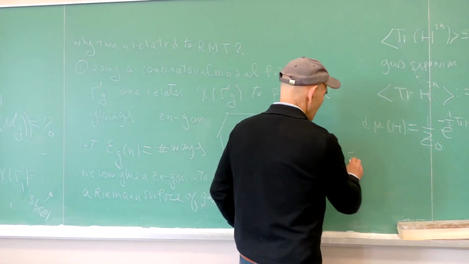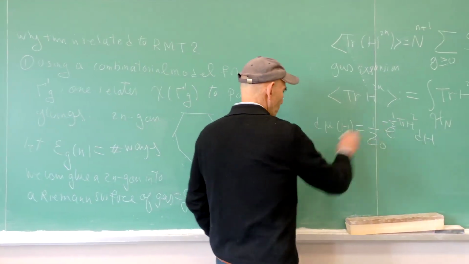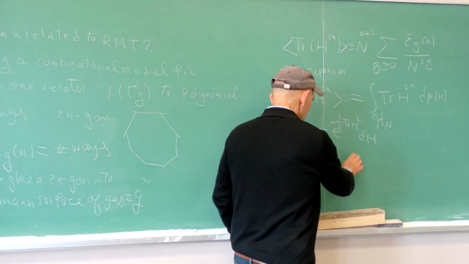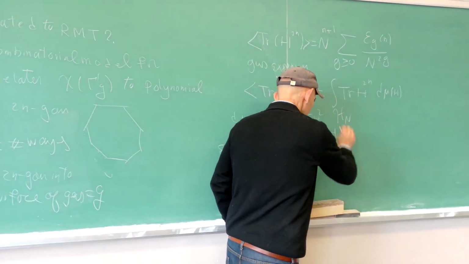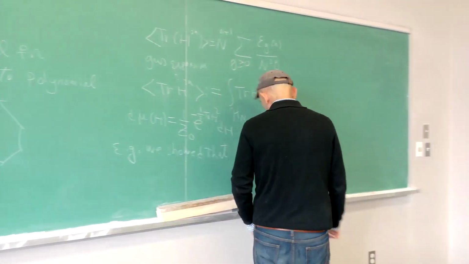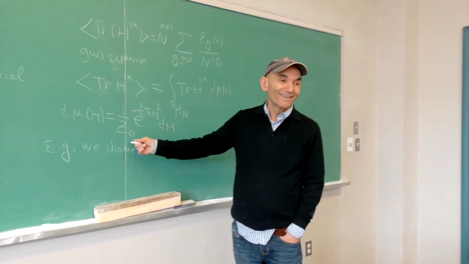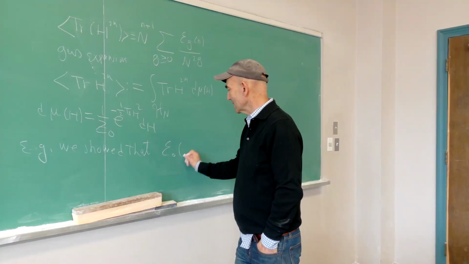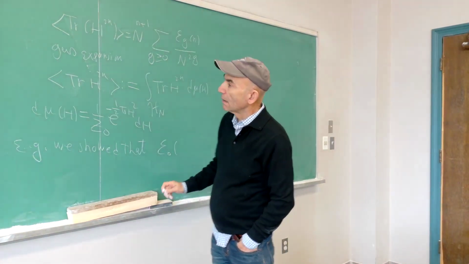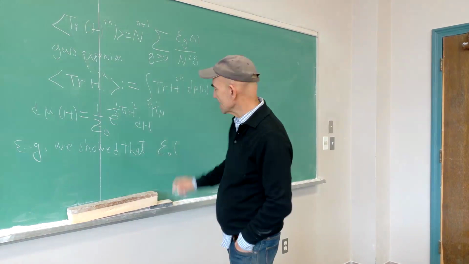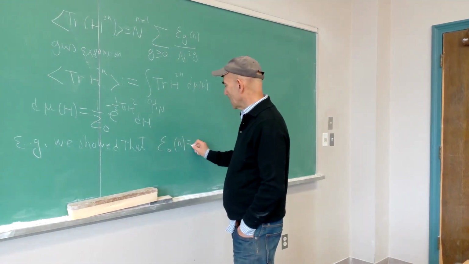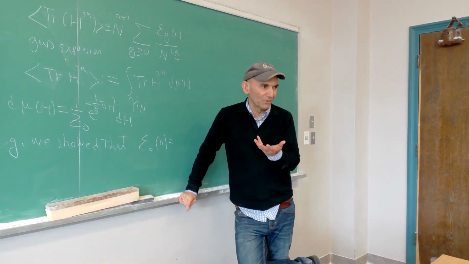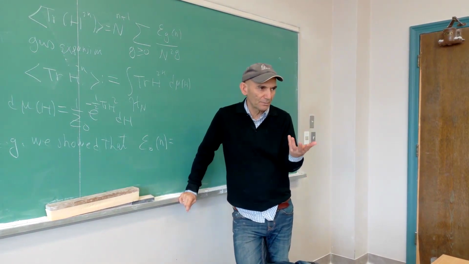But then, in the same paper, Harer and Zagier proved an expression. For example, we showed that for epsilon 0 n, what is my notation, epsilon 0 n, this is the number of ways that you get a sphere, genus 0. This is called planar terms.